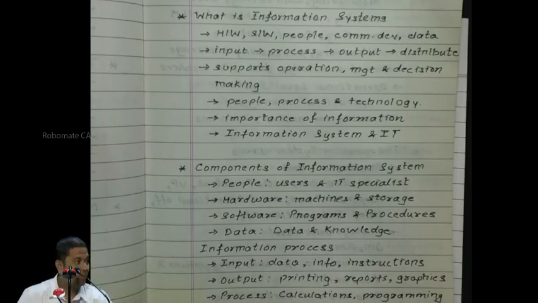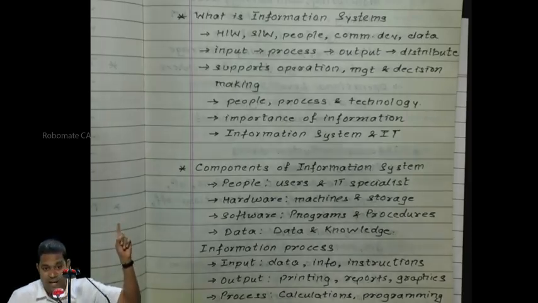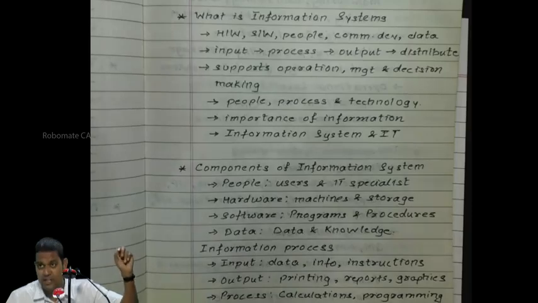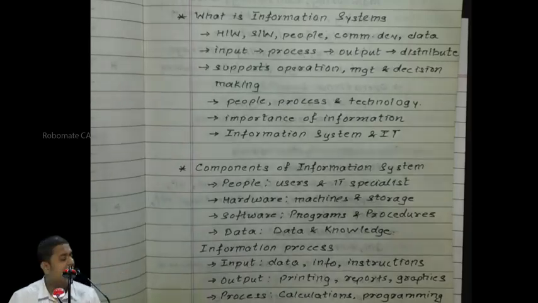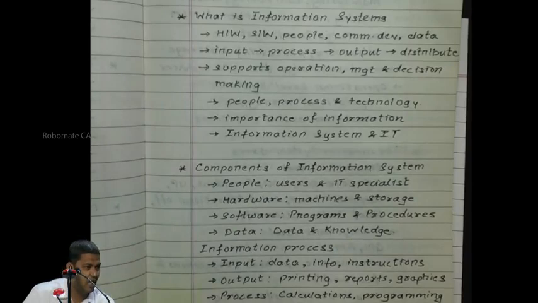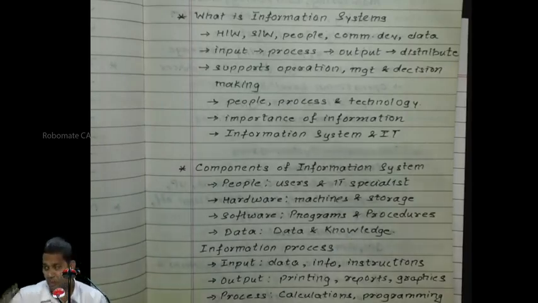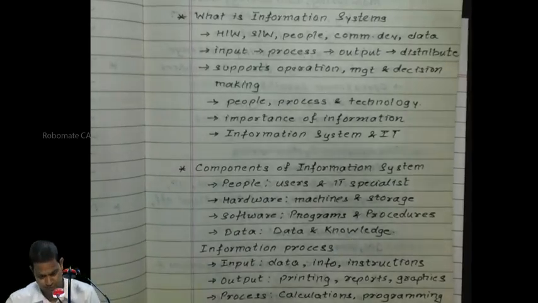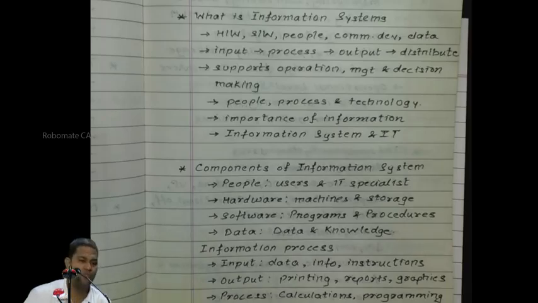The person who is sitting at the top level management and analyzes all this information, maybe for taking some decisions, for planning something for the near future, is also a user. Am I right or wrong? So these are called end users who use the system.